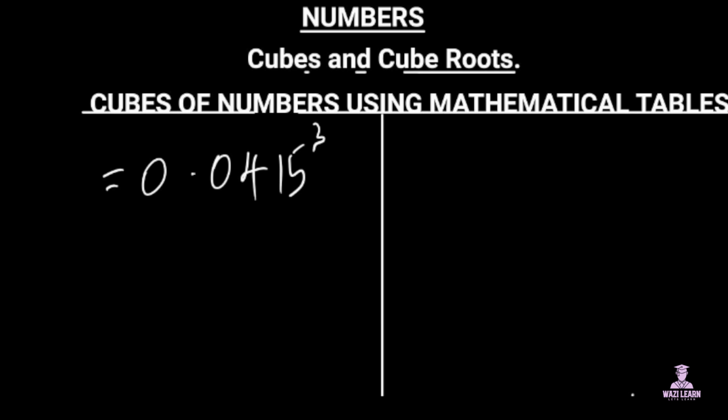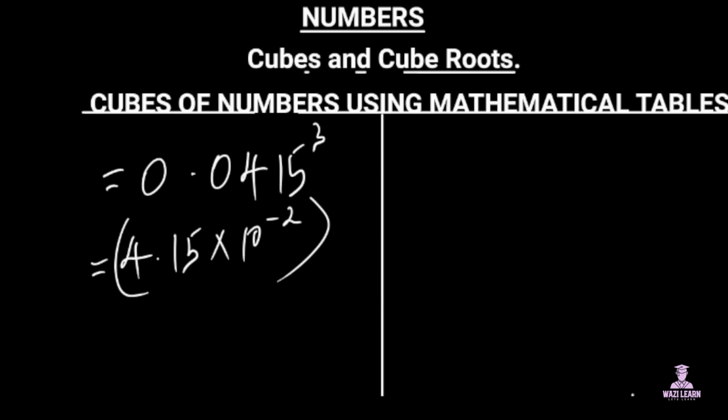In this one, the standard form is 4.15 times 10 raised to negative 2. To go back to this, you just move 2 steps. The decimal point will move 2 steps backward. This is what this negative means here.